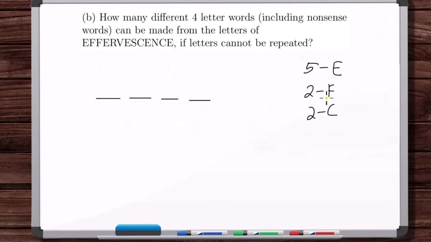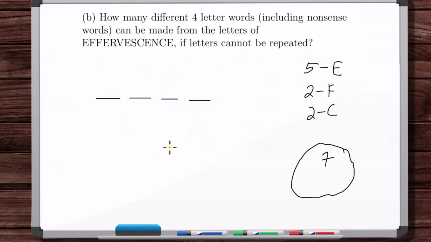So all we need to do here is think about how many unique letters do we have. So it's 13 total. But then if you take 13 and take out the E's and the F's and the C's, you've got 4, okay, but then we add an E back, an F back, and a C back. That's 7 unique letters.